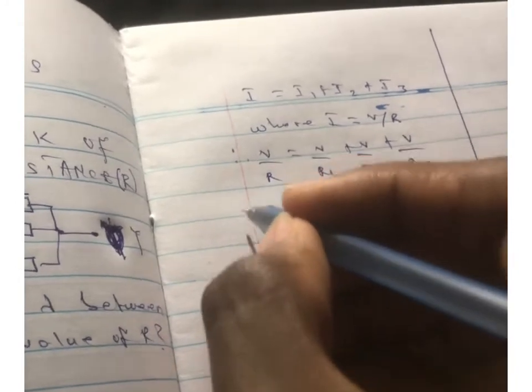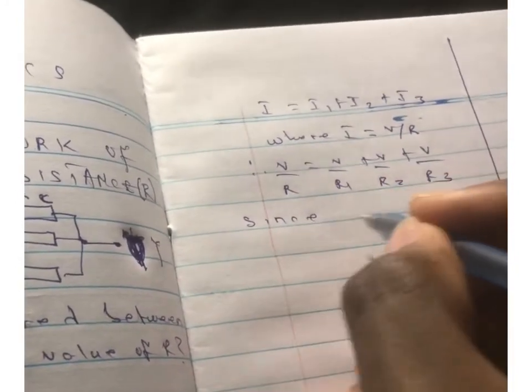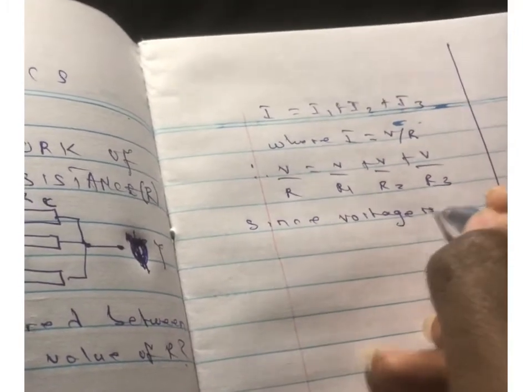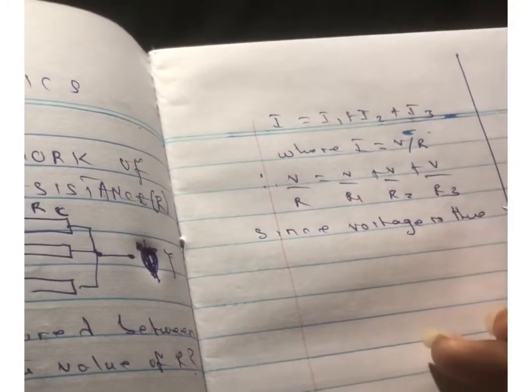So now, since the voltage is the same, that means the potential difference is the same.